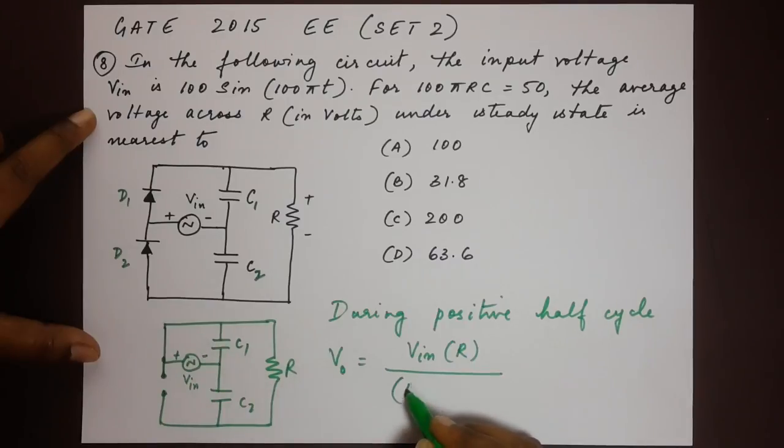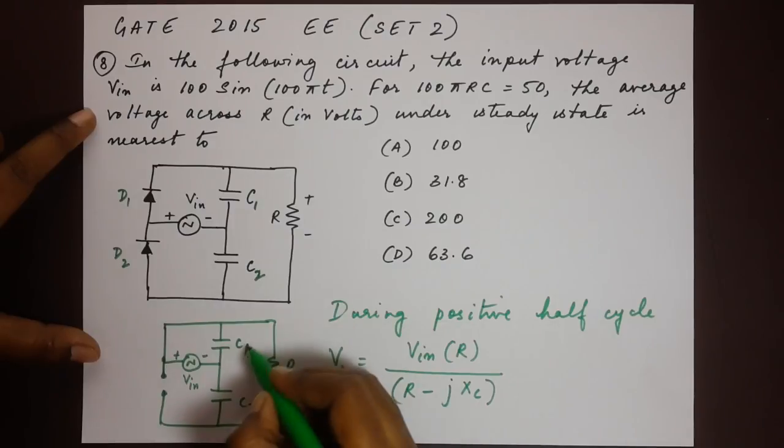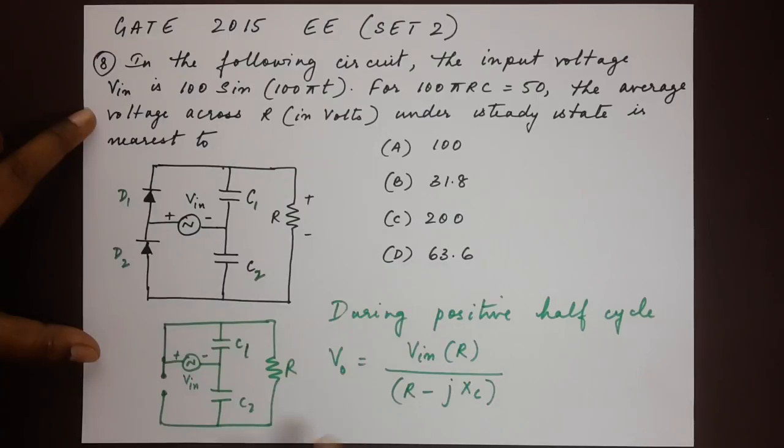So we can write it in the form of R minus jXc, where Xc is the reactance of the capacitor C1. So for the positive half cycle, V0 is equal to Vin into R divided by R minus jXc. Now if you notice this equation, we have used the voltage divider formula. V0 equals Vin into R divided by R minus jXc.